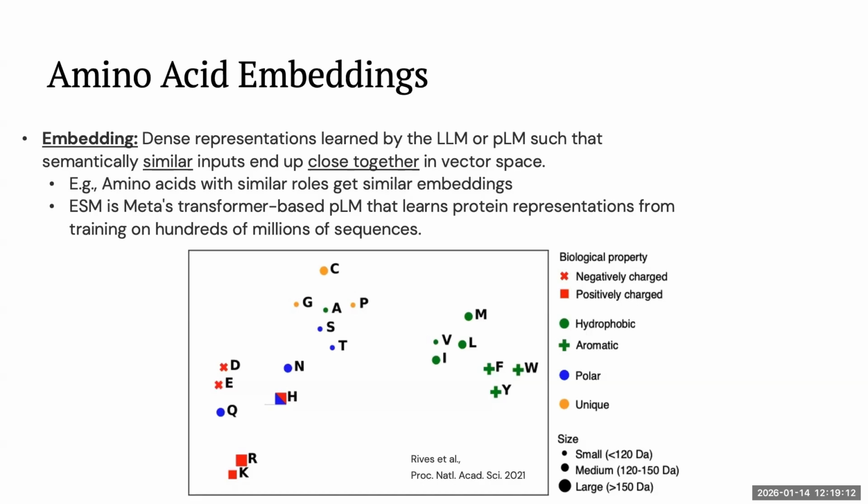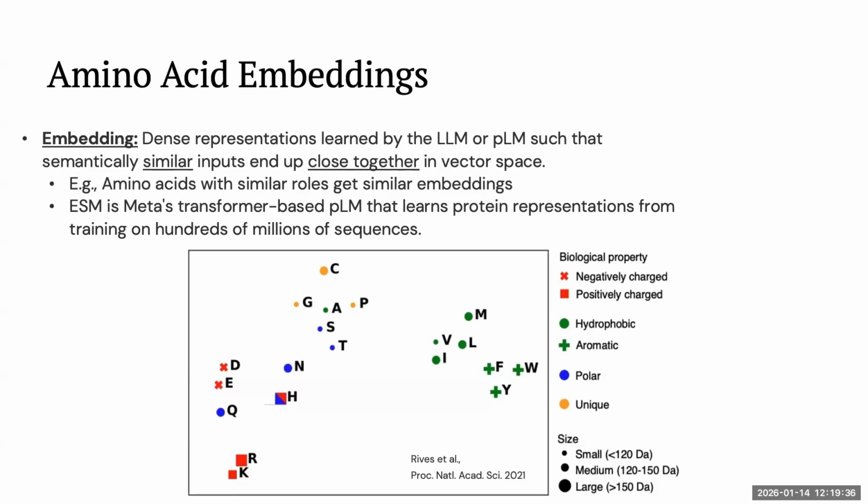The underlying assumption when you're working with a language model and generating these embeddings is that similar inputs end up close together in vector space. Just like I showed earlier on, the concept of bank that is financial institution ended up getting a vector that placed it close to things that are semantically similar to it. And if we apply this to protein sequences, we get exactly the same representation.